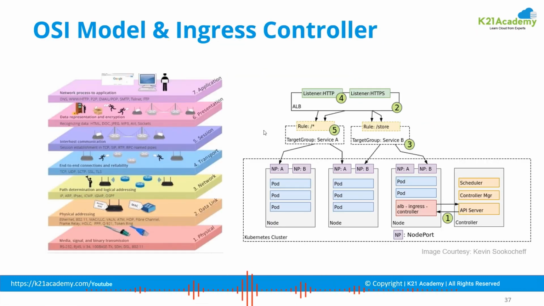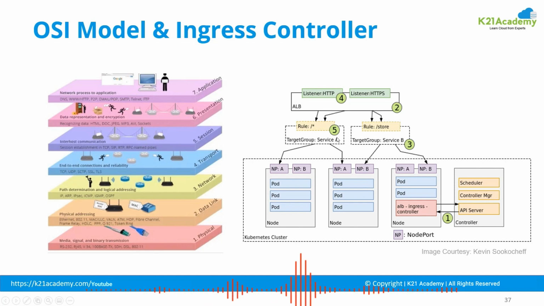So let me go back to this Ingress controller, which I was saying earlier. As I said, you will have an Ingress controller, which is the Azure load balancer or an Ingress controller, which will listen for HTTP or HTTPS requests, and you can define a rule and say if it's store, go to this service. We have already defined the service, and the service will point requests to the pods through the labels that we defined earlier.